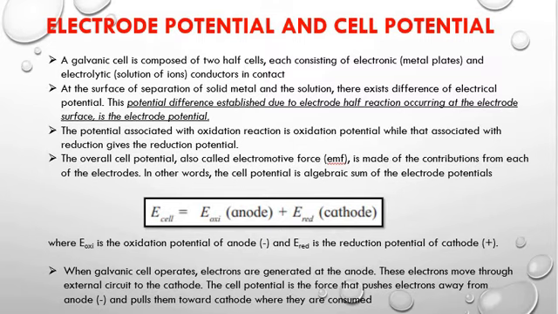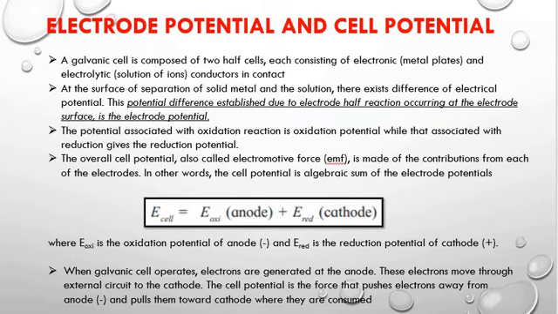The overall cell potential is also called electromotive force, or EMF, and is made up of the contribution of each of the electrodes. So I can say the cell potential is algebraic sum of the electrode potentials, or you can say E cell is equal to oxidation potential plus reduction potential.